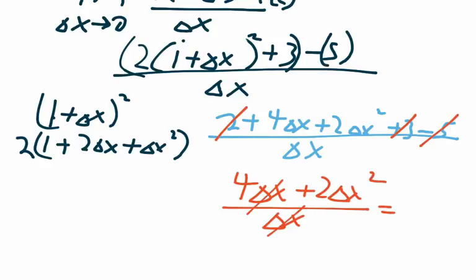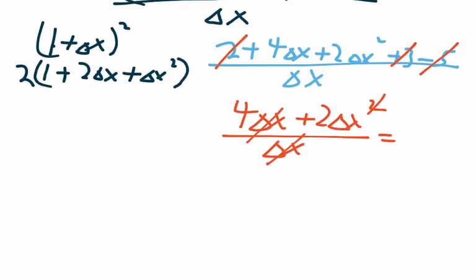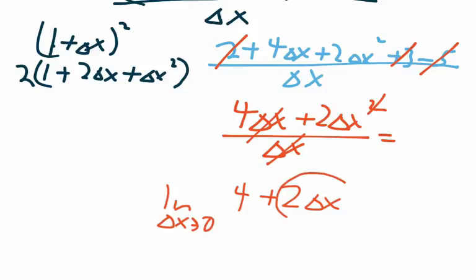Now, delta x cancels from each one of these, and we get 4 plus 2 delta x. Now, of course, the limit as delta x approaches 0 means that this whole thing becomes 0, and my answer for the derivative, so the slope of the tangent line, will be 4 right there.